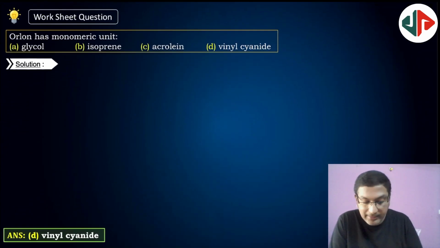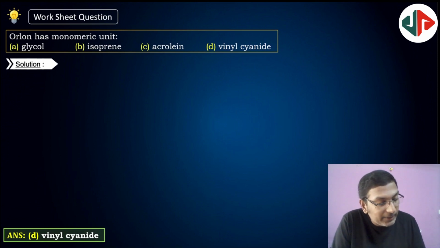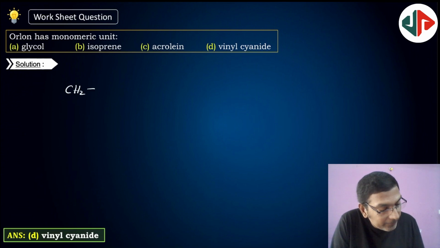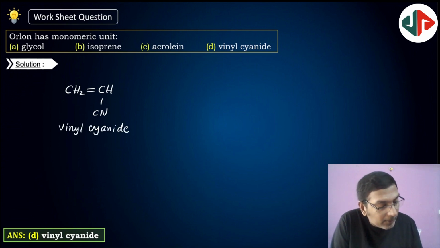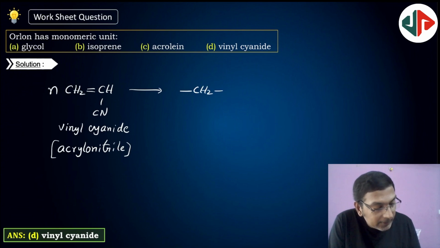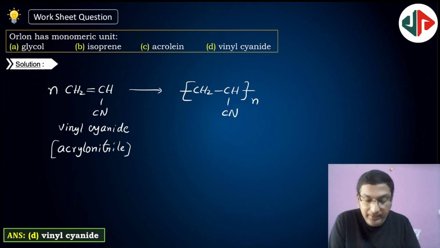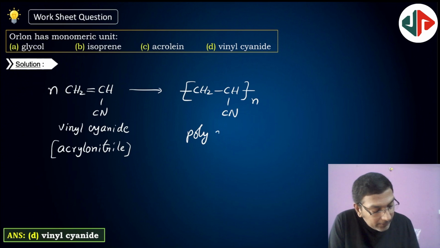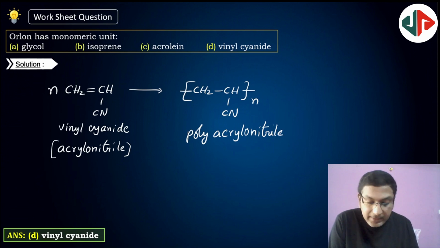So Orlon has monomer unit. So Orlon means if you take vinyl cyanide or acrylonitrile, n moles, on polymerization it will give CH2CH CN n, polymer, polyacrylonitrile, which is known as Orlon.